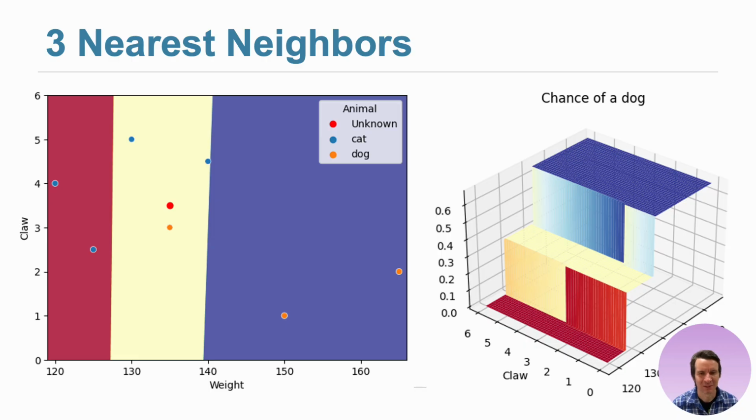So chances 1/3 of a dog. So it tells you 2 out of 3 in the nearest range over there are cats. Right? So if you have k nearest neighbors, it can give you a probability of being a dog instead of just being a dog, yes, no.